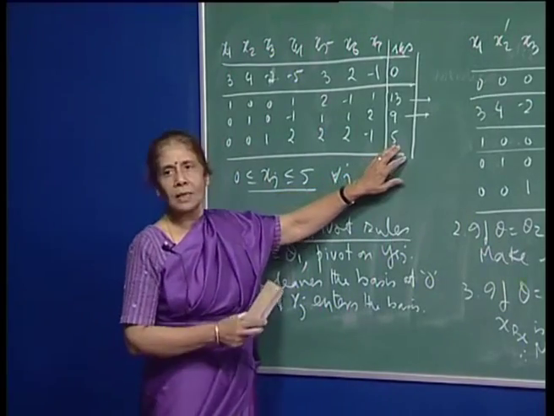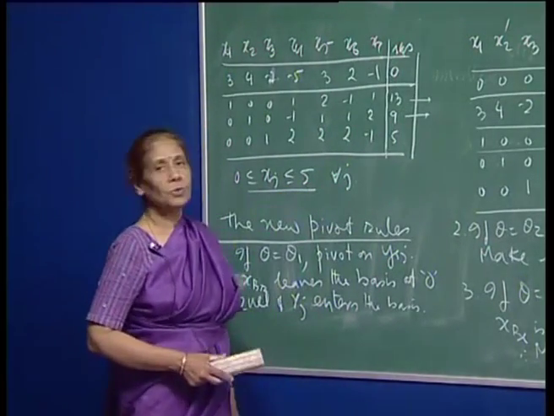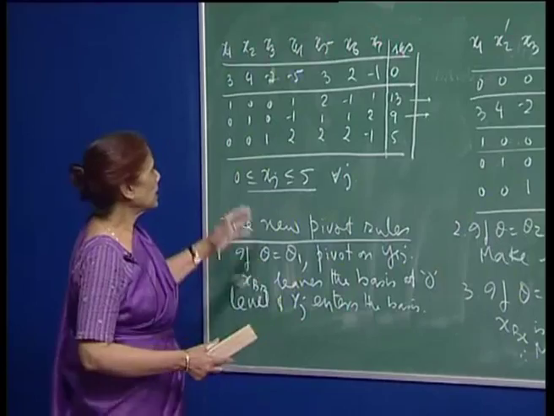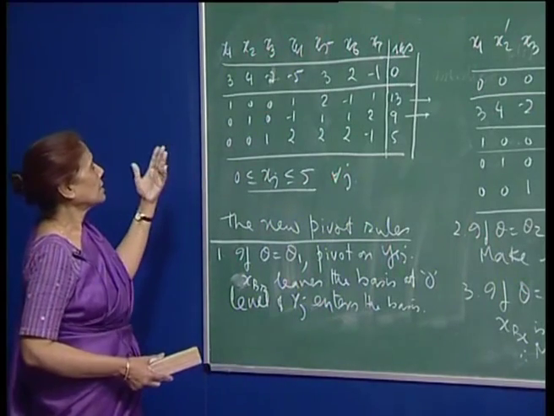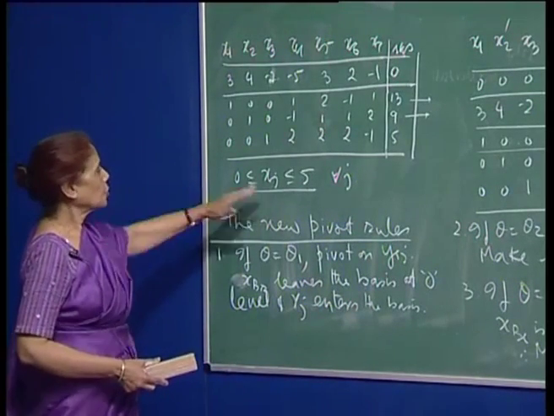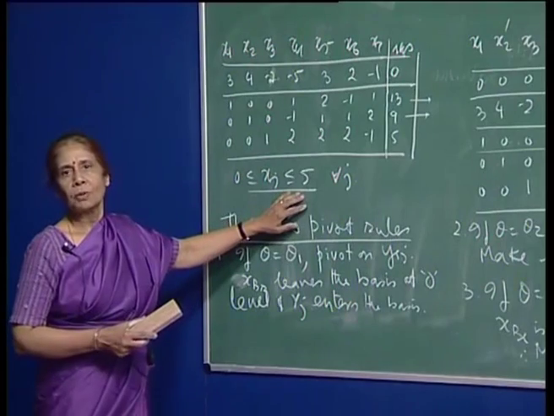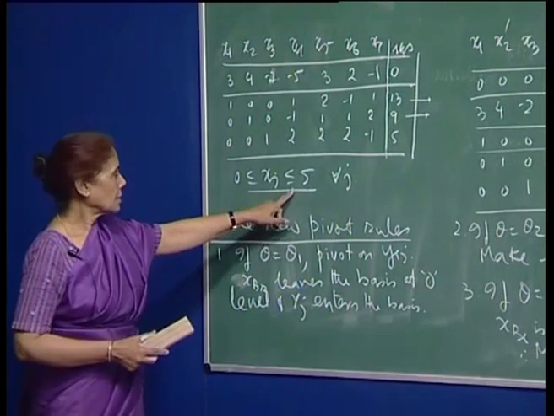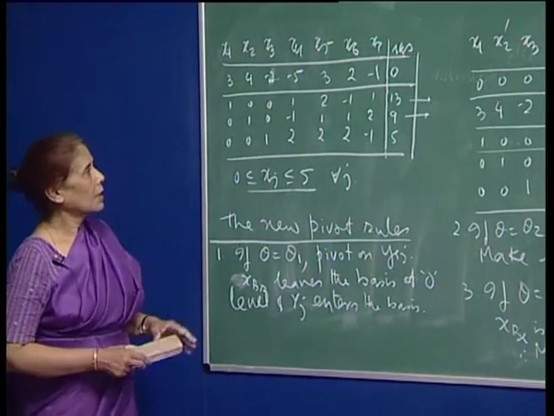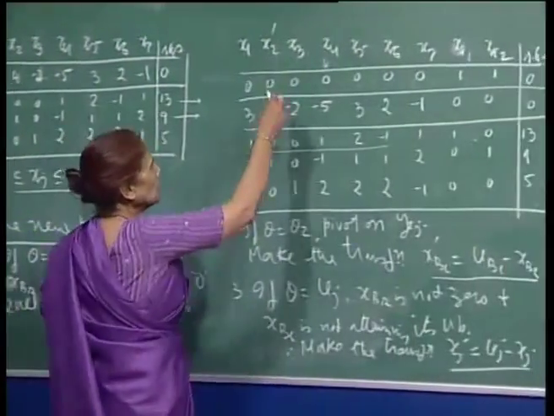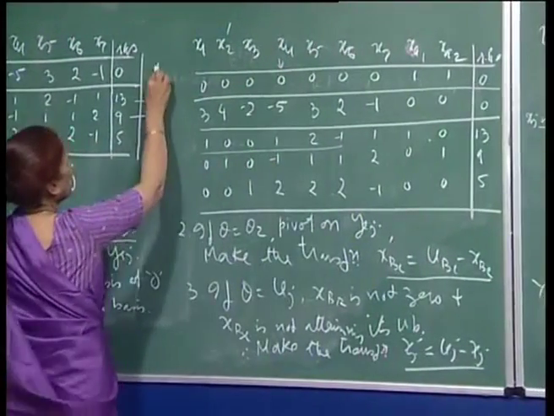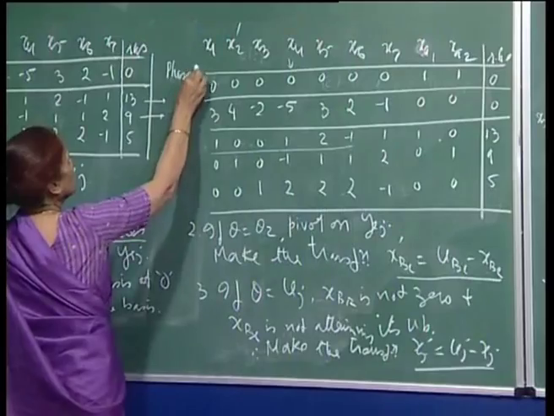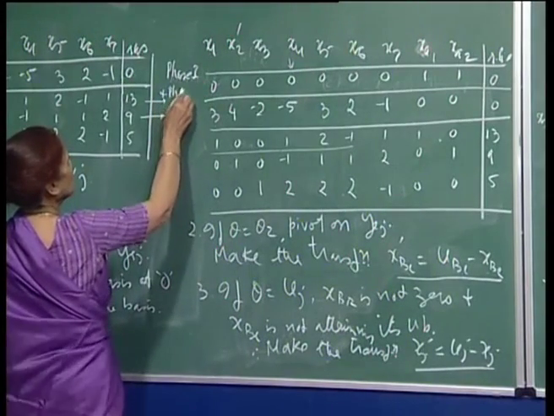I can keep this at level 5, but these two numbers are more than 5. So, therefore, I cannot immediately obtain a starting feasible solution to my bounded variable problem. So, I will now use phase 1, phase 2.